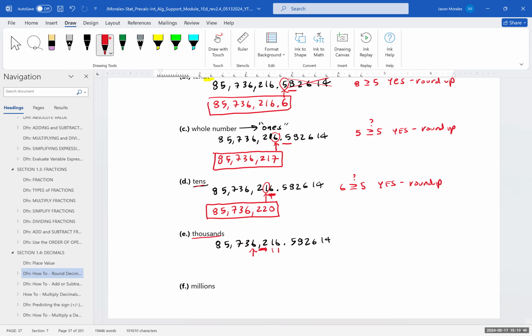Underline the digit to the right. Is 2 greater than or equal to 5? The answer is no. So we're going to leave our rounding digit alone. So we're going to leave that 6 alone. So we're left with 85,736,000. And now we have to put zeros in for placeholders because we're going to get rid of all of those. We're rounding those off.